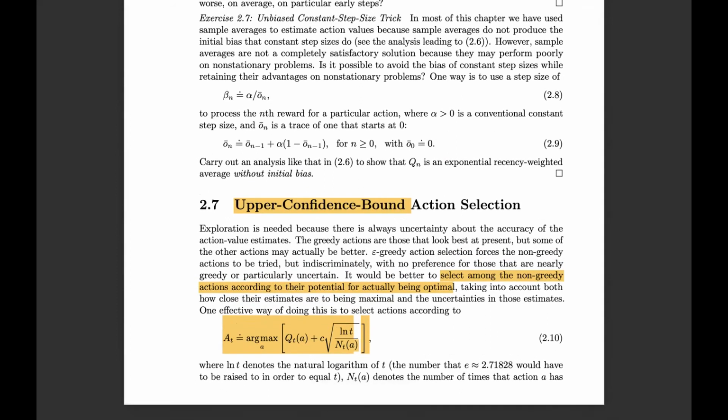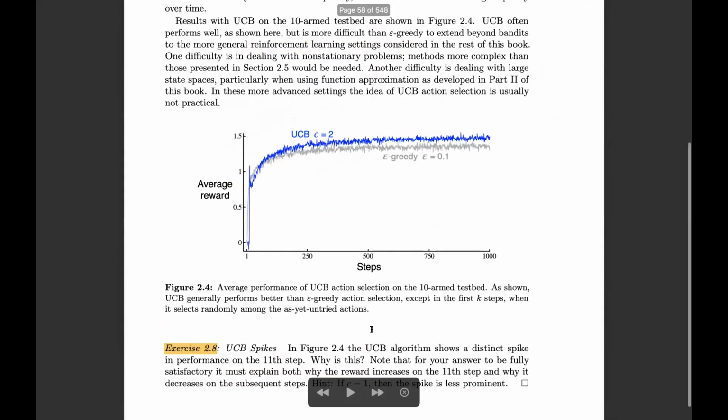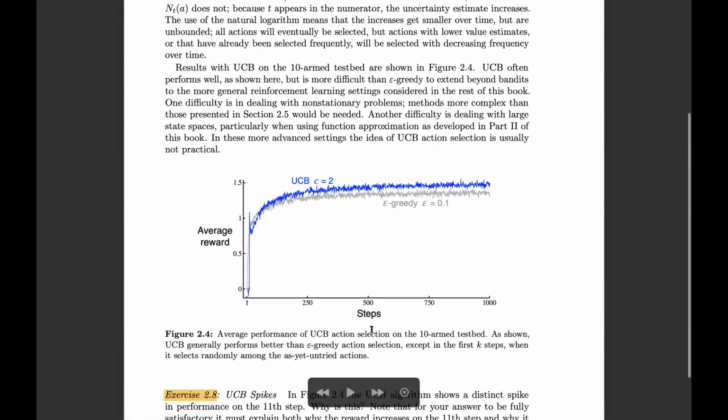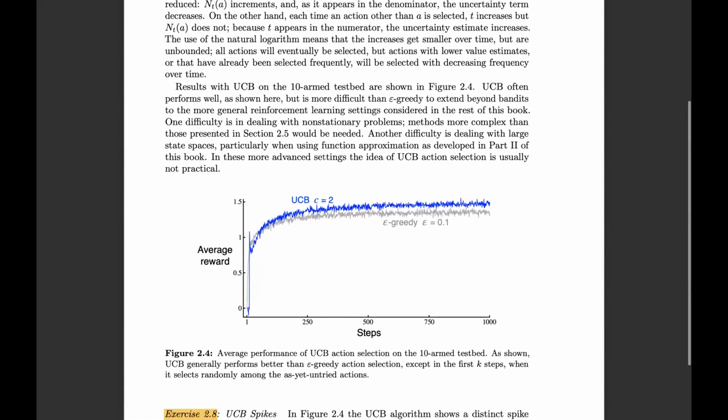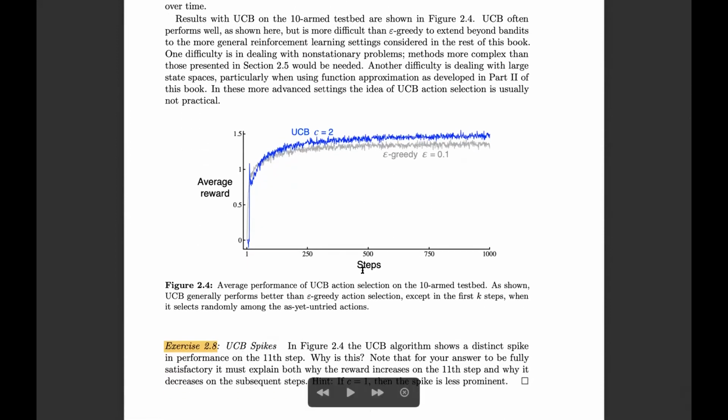Does that also come into the picture? Yeah, they say there that, in this case with 10 actions, each of the 10 actions will be selected once within the first 10 time steps. When the number of selections is zero, as you say, it would be infinity, then they make that action selected.